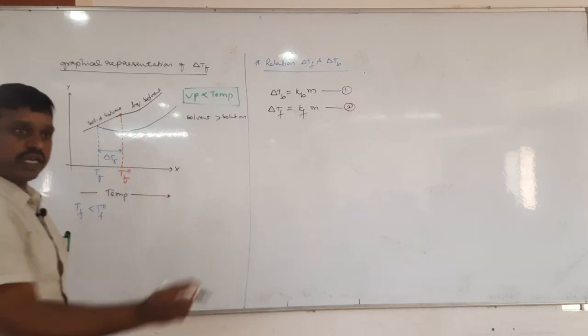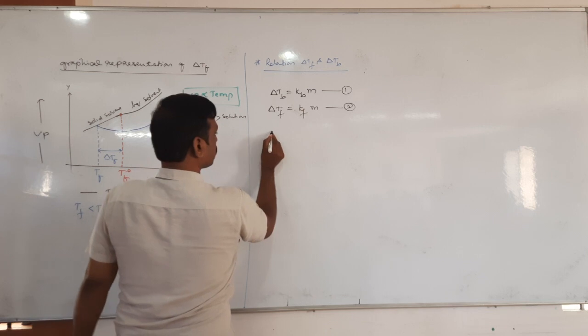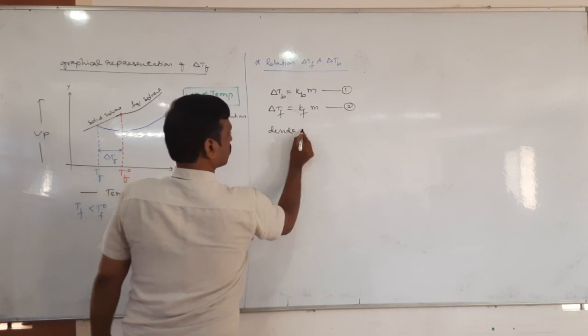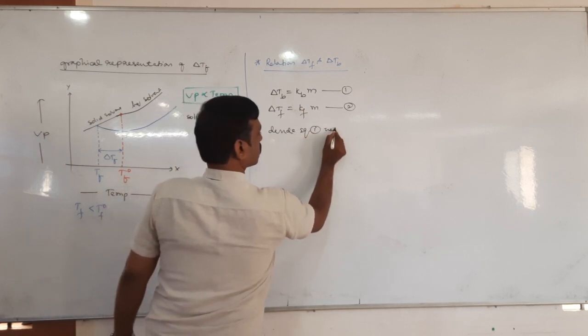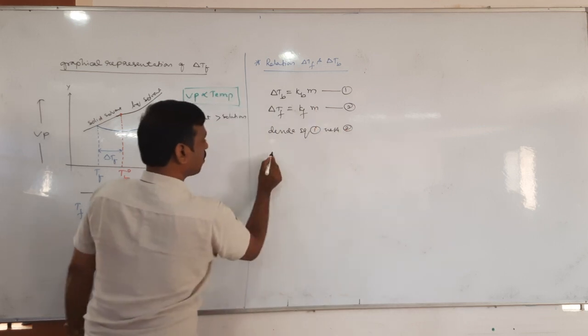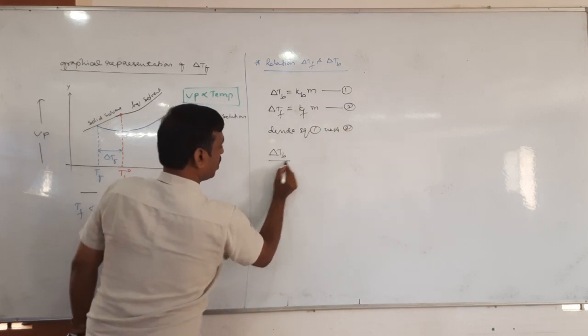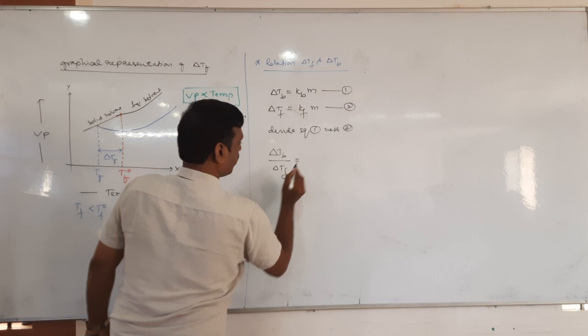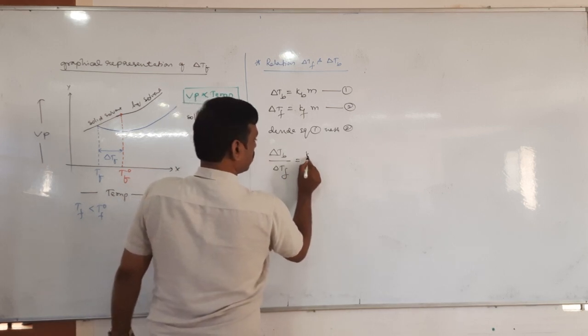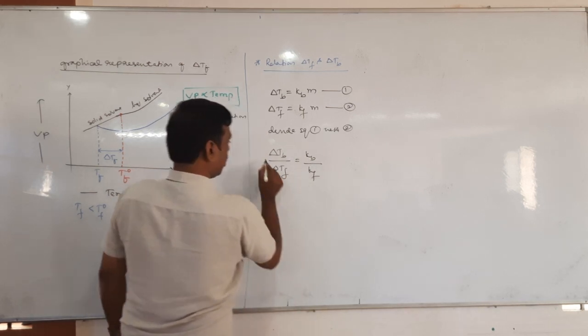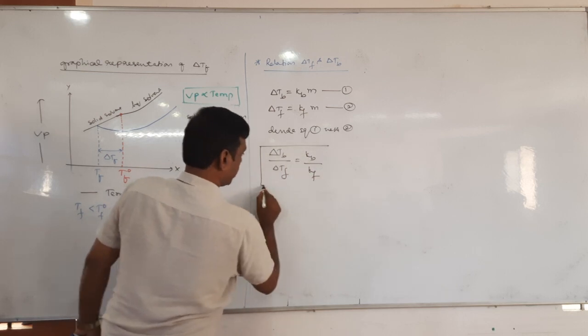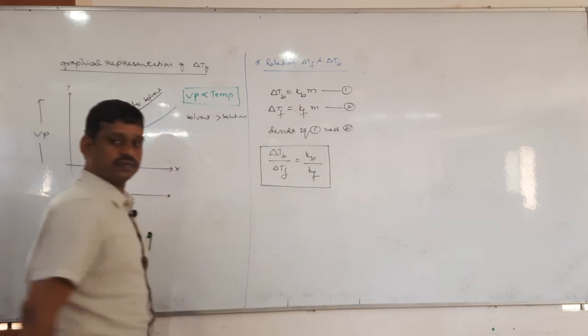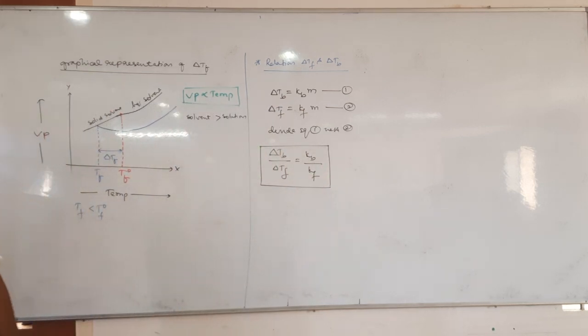So divide equation 1 by equation 2. What do you get? Delta TB by delta TF equals KB by KF, because m gets cancelled.